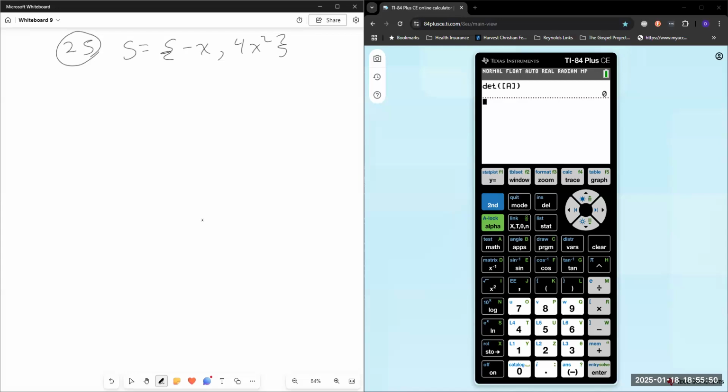It does not. It's missing the constant component. I can make anything that I want with the x squared component and with the x component, but I'm missing the constant component. So S is linearly dependent.